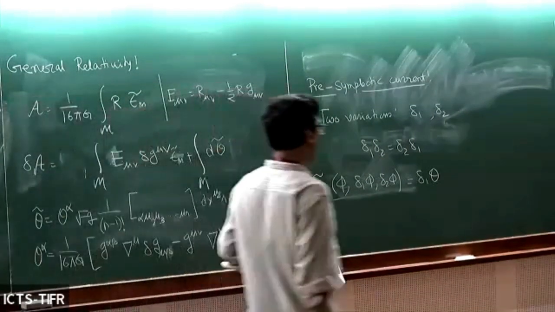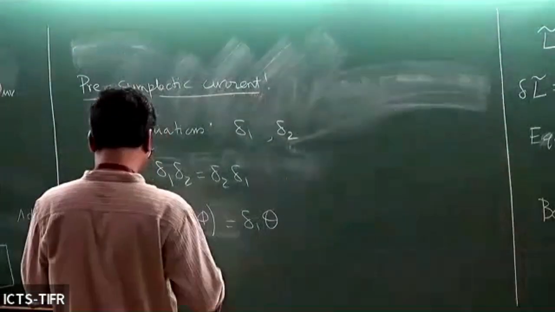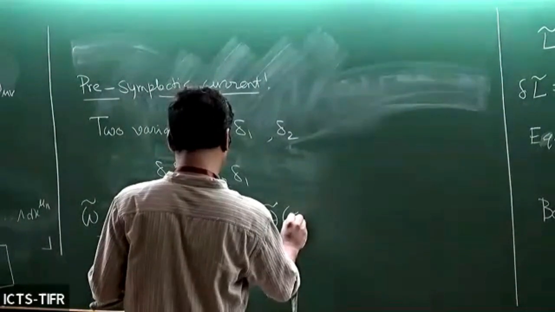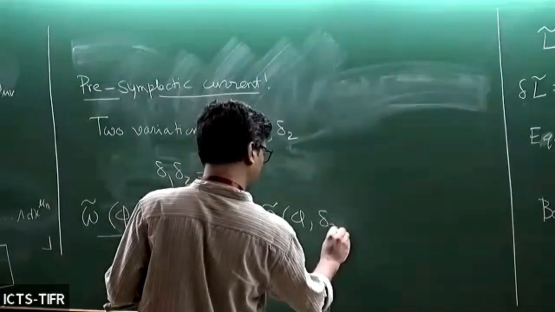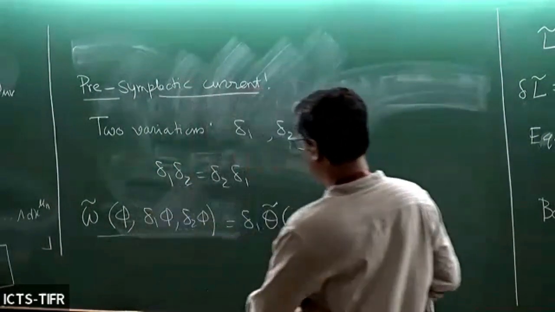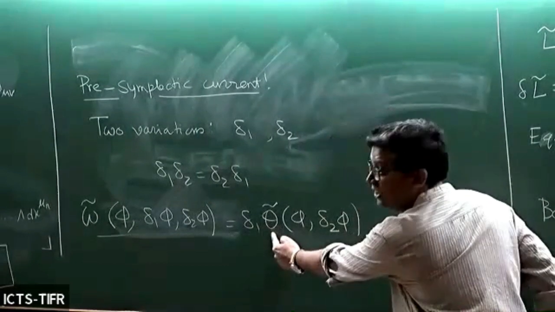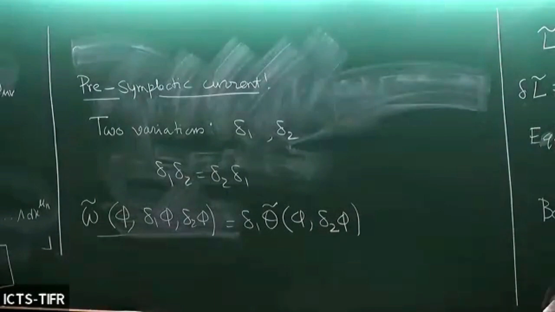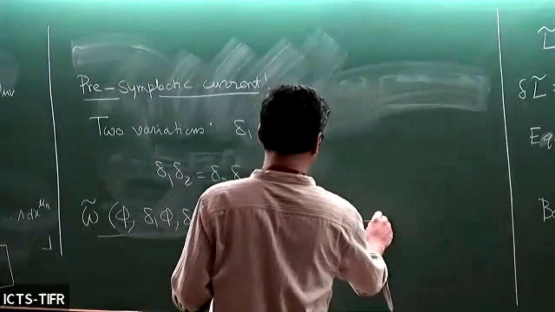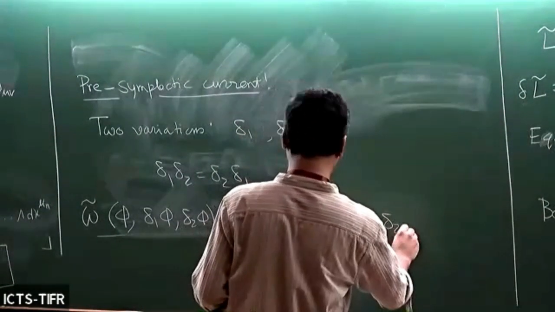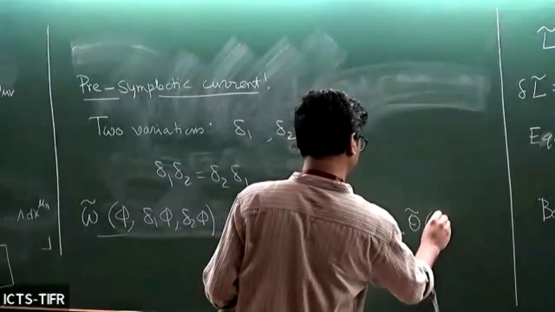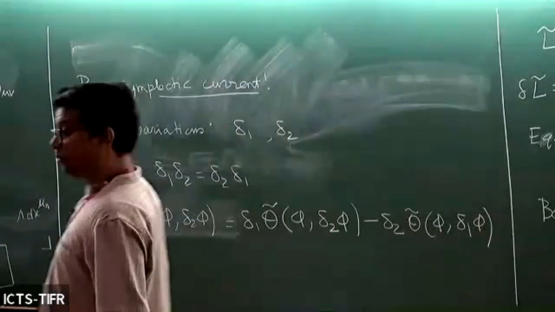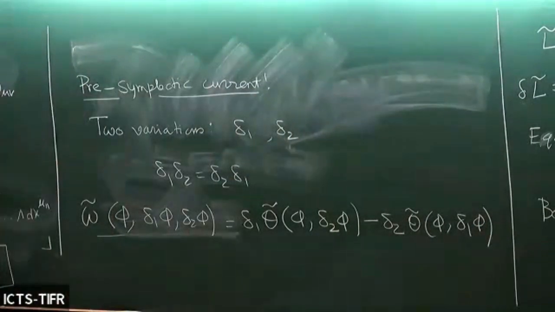So therefore I write it as omega tilde, a function of phi and delta 2 phi. Remember, delta 1 acting on theta, which depends on phi and delta 2 phi, and delta 2 acting on theta, phi and delta 1 phi. You have to believe me that this form is closed.